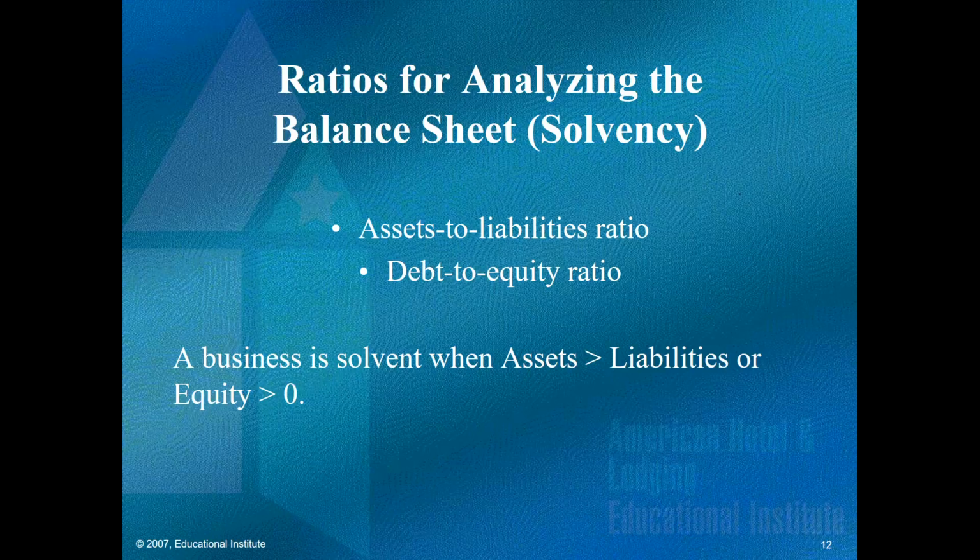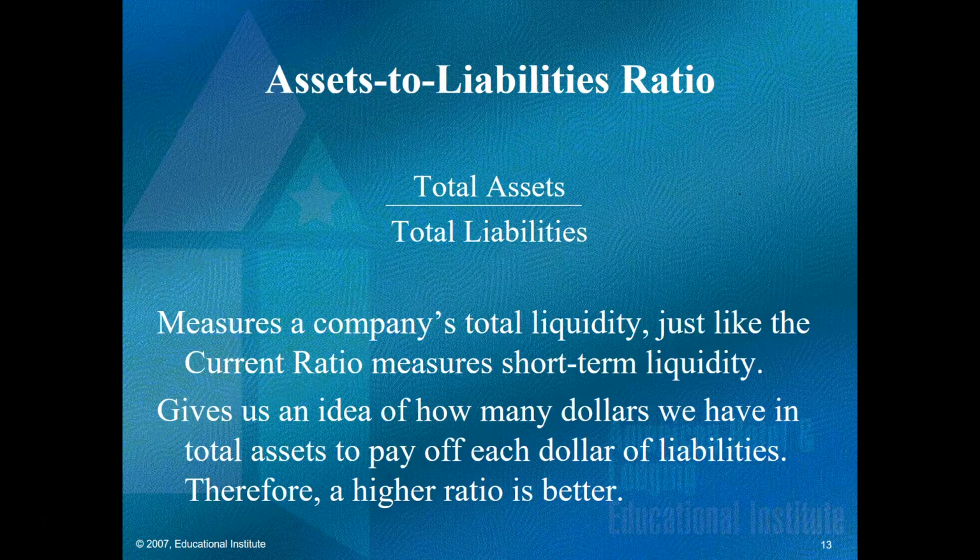So, again, a business is solvent when assets are simply greater than liabilities, so equity is greater than 0. When we're looking at the assets to liability ratio, kind of a giveaway, right? It's total assets over total liabilities. Now, remember, since it's total assets, any of those depreciation methods that we choose are going to affect this as well.